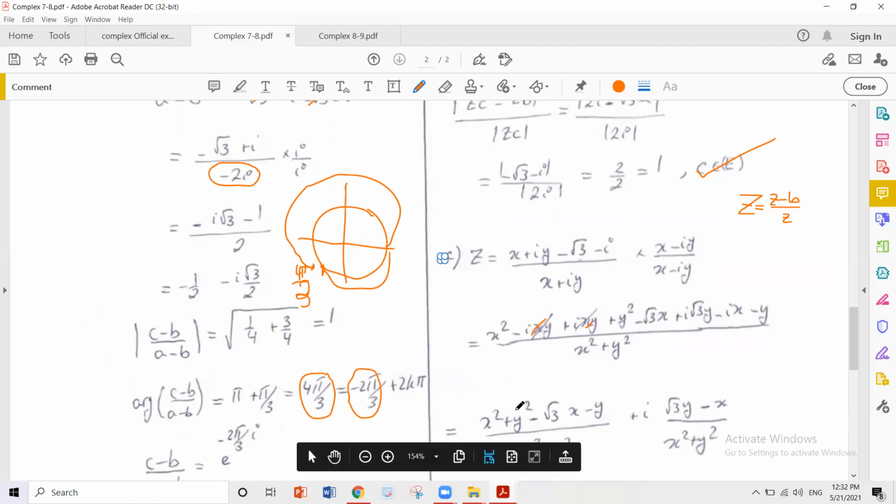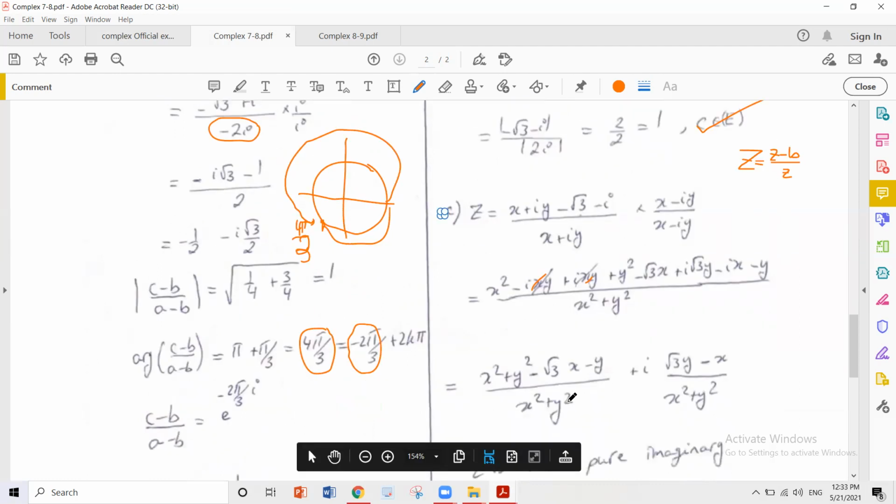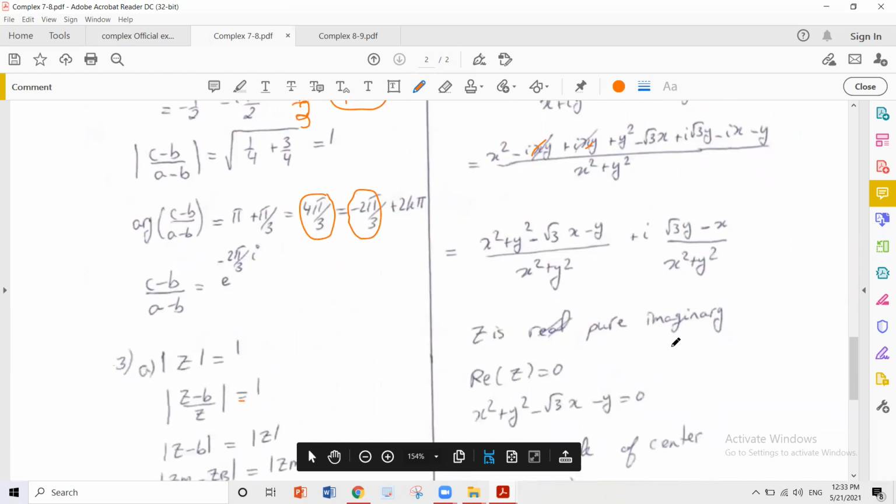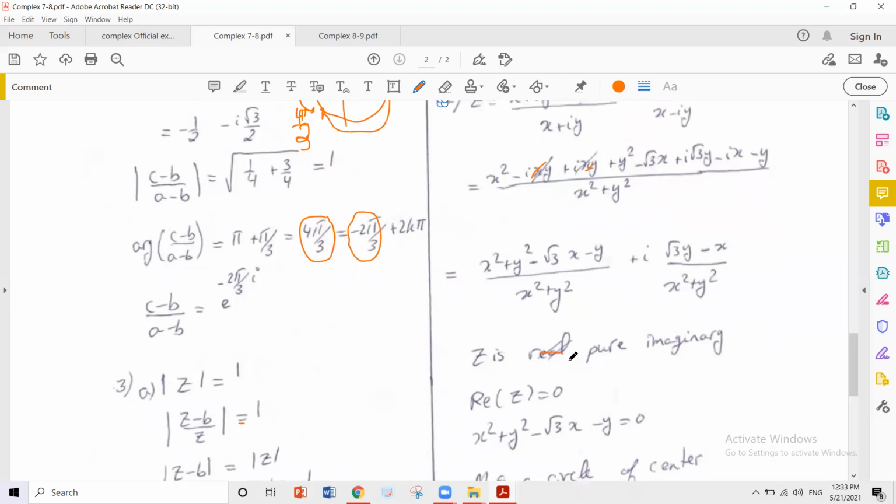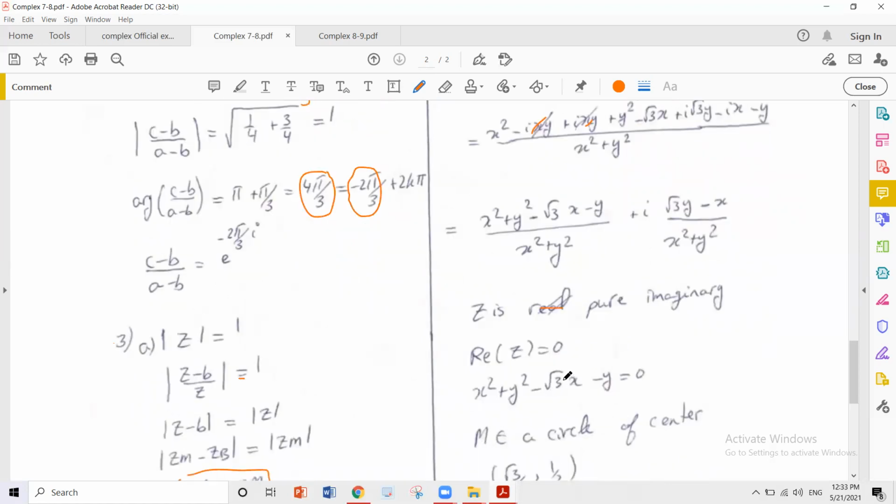So the real part is x squared plus y squared minus radical 3x minus y over x squared plus y squared. The imaginary part is radical 3y minus x over x squared plus y squared. Now we take the real part equal to 0, since Z is pure imaginary. Then x squared plus y squared minus radical 3x minus y equals 0.